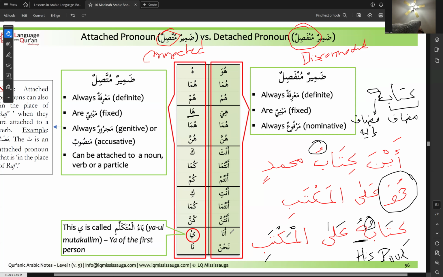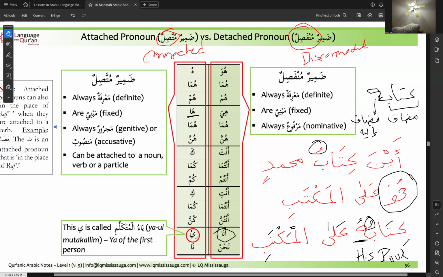Now this is an interesting one. Ana turns into ya. So if you say ana and you say your name, you could say ana Wajid. My name is Wajid. If you want to say my name is, you say ismi. Ism means name.